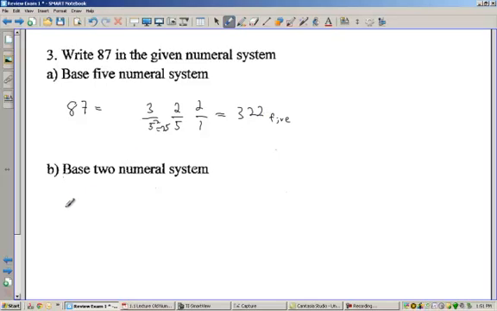And the base 2 numeral system, so 87. We're going to need lots of spaces here. So we have a 1 space, a 2 space, a 2 squared space, which is really 4, a 2 cubed place, which is really 8, a 2 to the 4th place, which is 16, a 2 to the 5th place, which is 32, and finally a 2 to the 6th place, which is 64.